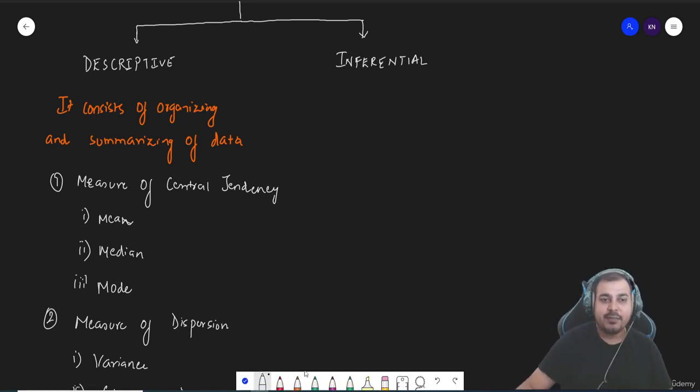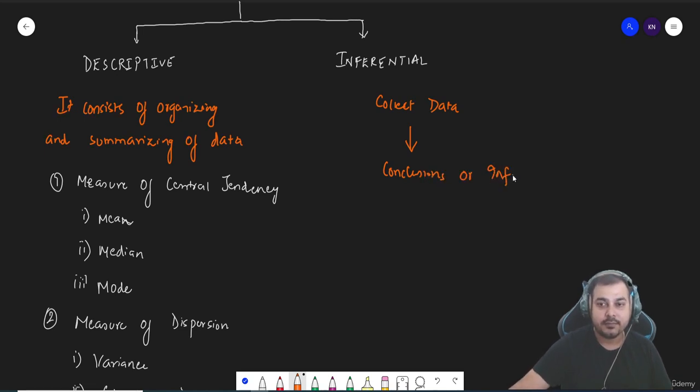Now coming to the second type, which is called inferential statistics. And what does inferential statistics deal with? Suppose you collect some data. From this particular data, we will be able to make some conclusions or inferences, right?